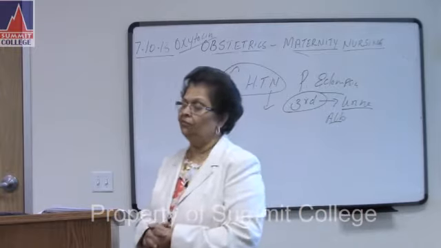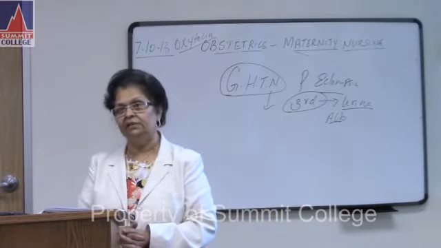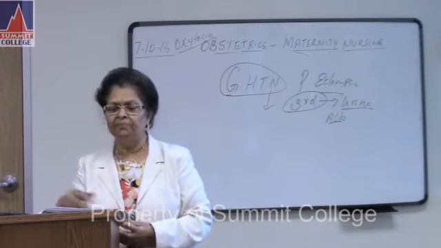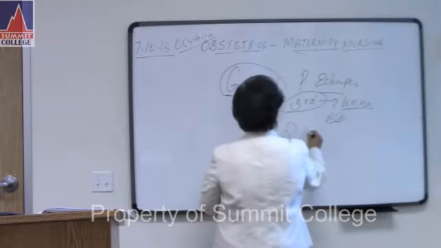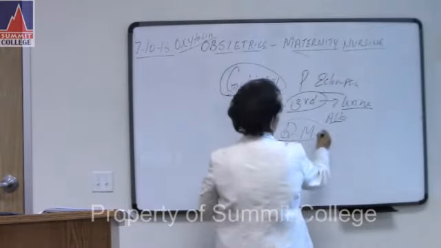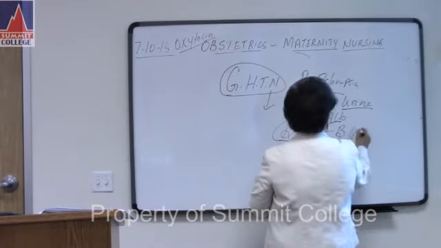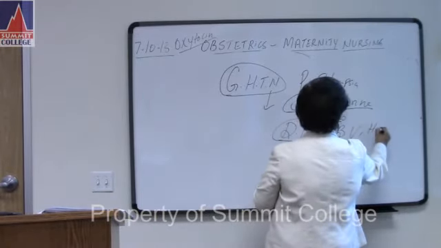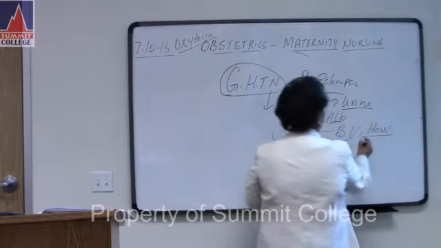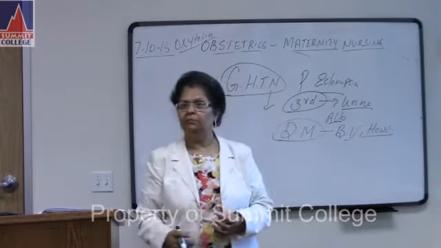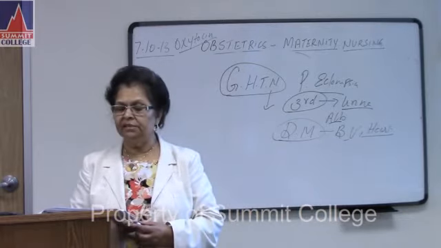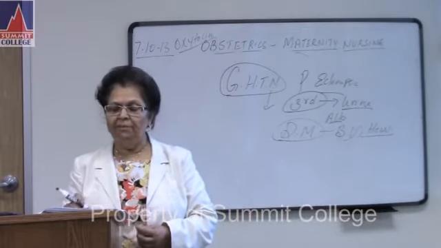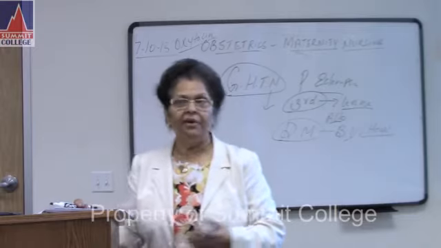And underline the word renal disease. Anybody who has a kidney problem, and a diabetic mother. Diabetes affects the blood vessels and the heart, causing problems with edema and with blood pressure. And next is gestational family history, high blood pressure running in the family.